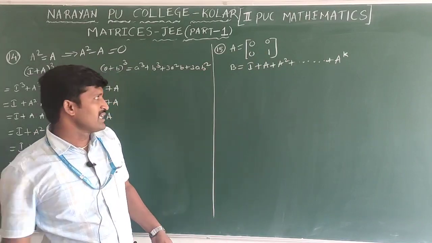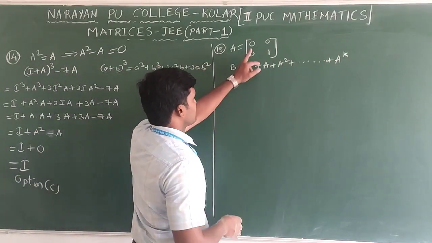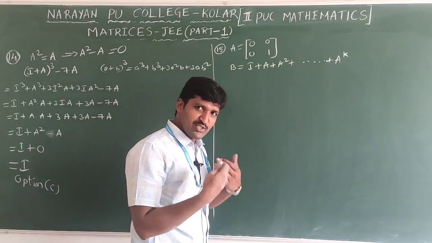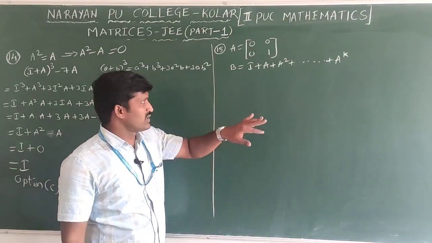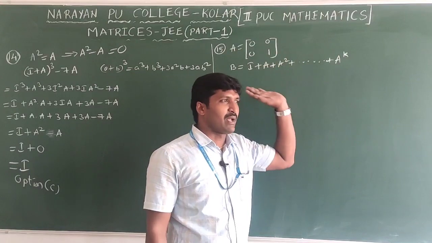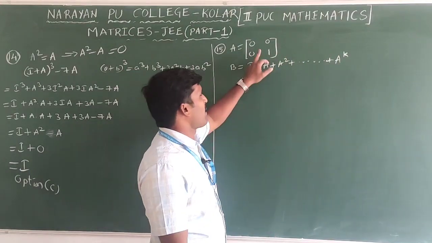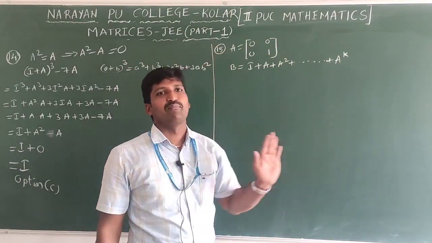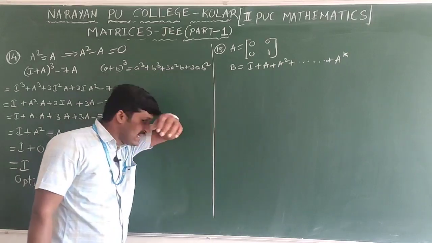One thing to remember here: A is 0, 0, 0, 1, so A square will also be 0, 0, 0, 1, no changes. Any power, any number of times you multiply, the matrix remains the same.